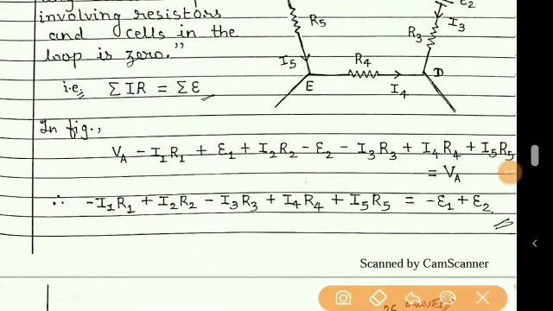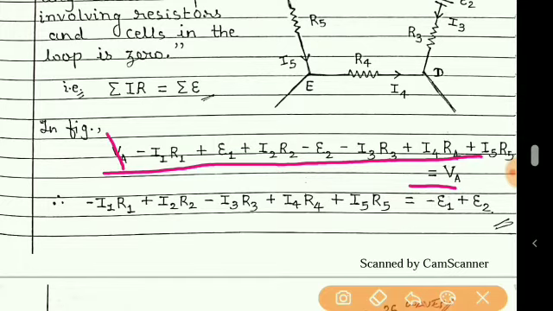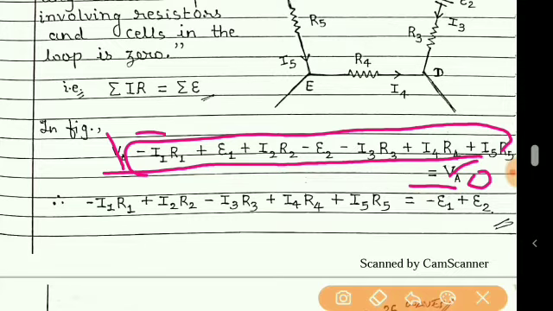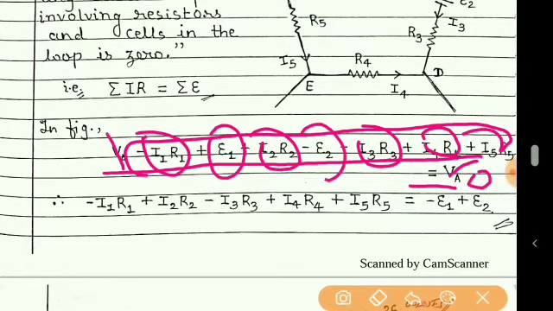So students, after applying Kirchhoff's second rule to this loop, we obtain this equation. In this equation you can see VA on the left side and on the right side cancel, so here remains 0, and on the left side remains this type of terms. On the left side the terms are IR terms and there are terms with epsilon, meaning EMF of the battery.